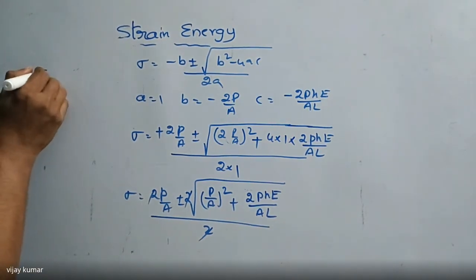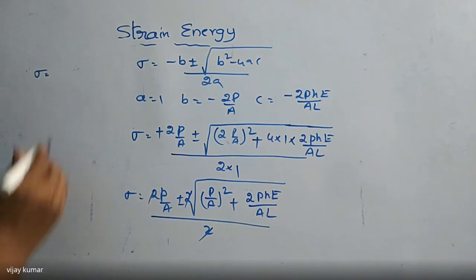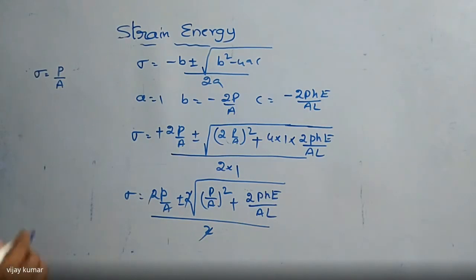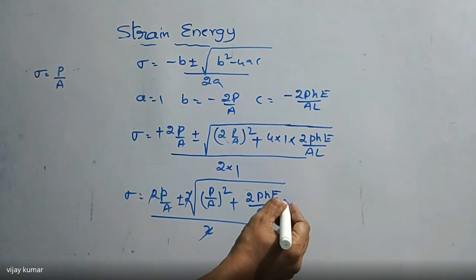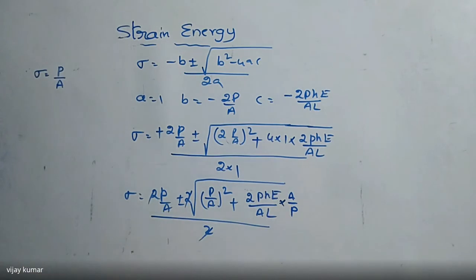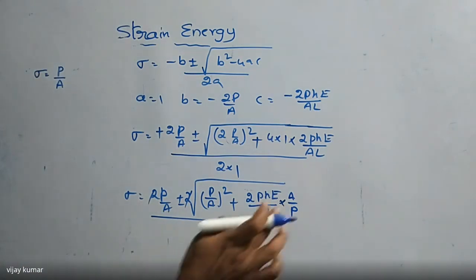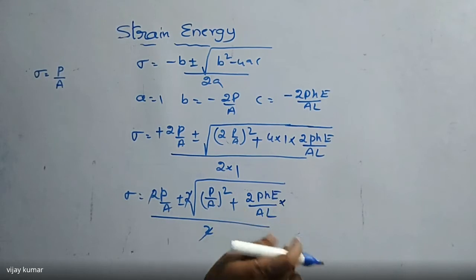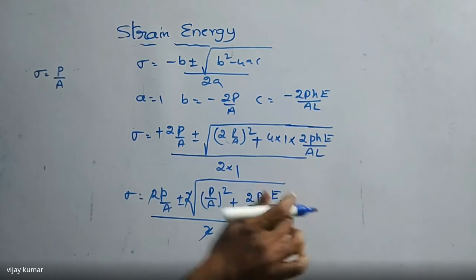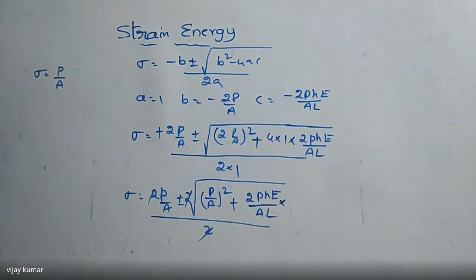So sigma is equal to, so P by A is common. Here I am going to multiply by A and divide by P. See this one. So first of all, I'm going to take P by A as a common term.